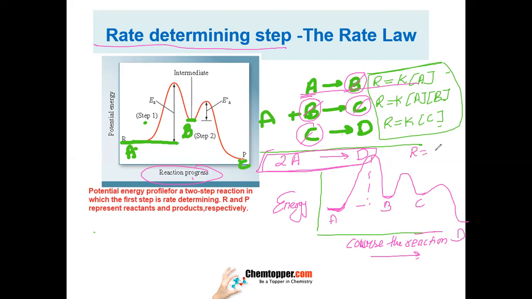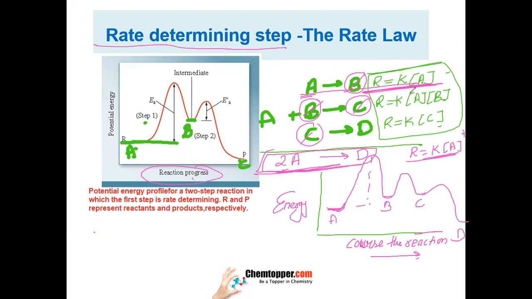Rate equals K times concentration of A raised to power 1, not 2, 1 only, because this is the rate law. You are not going to determine the rate law for the overall reaction from the coefficients. See the difference, Aditi?